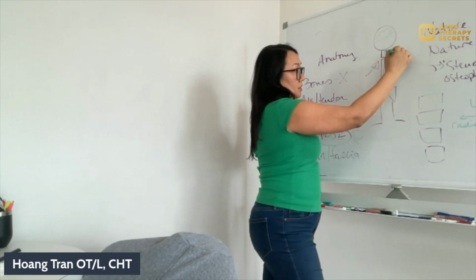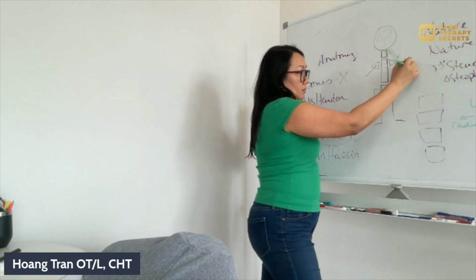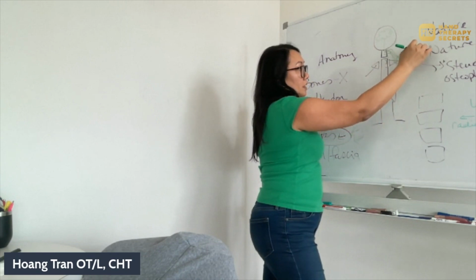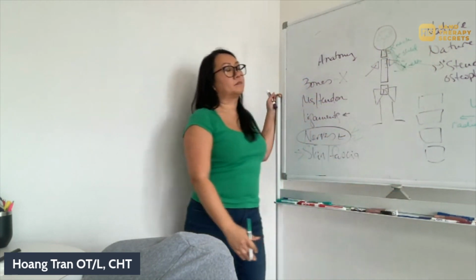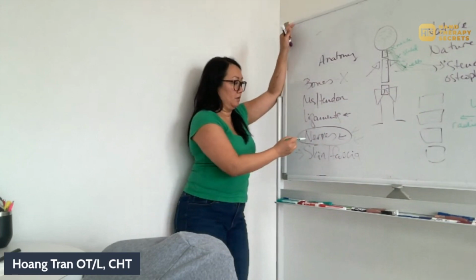I'm going to put this a little bit higher, right? It could be, let's say, at the elbow. So we'll say this is elbow, we'll say this is shoulder. And it also could be at the neck level. So what do we know about nerves, right?